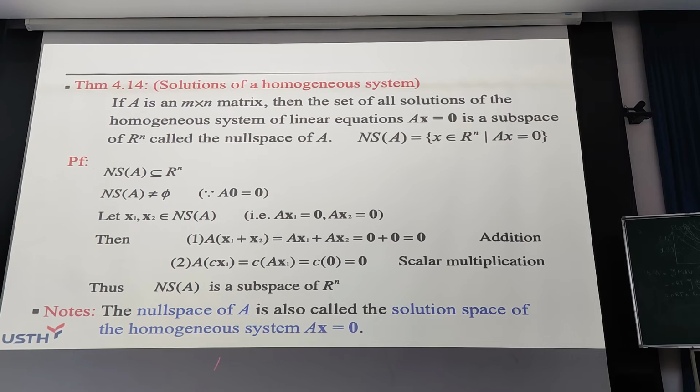And because of that, the null space of A we defined from last week, sometimes we call it the solution space of the homogeneous system Ax equals 0. You can use any name, the null space of A or the solution space of Ax equals 0.